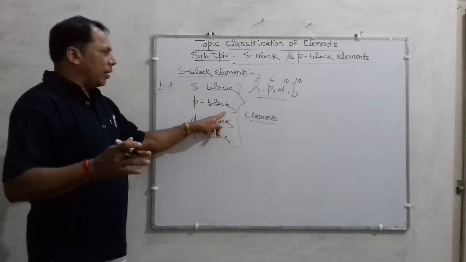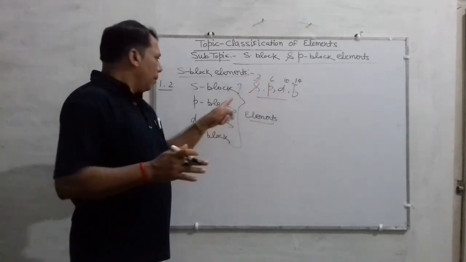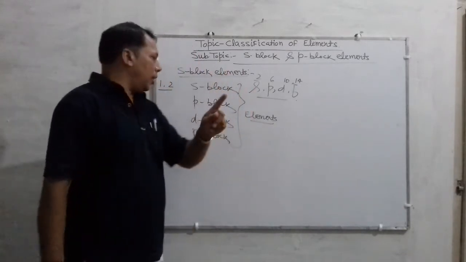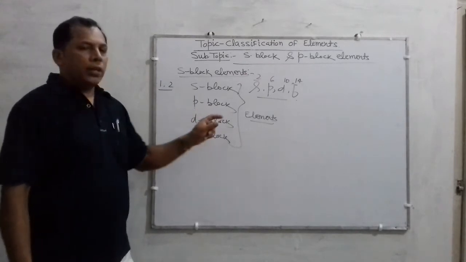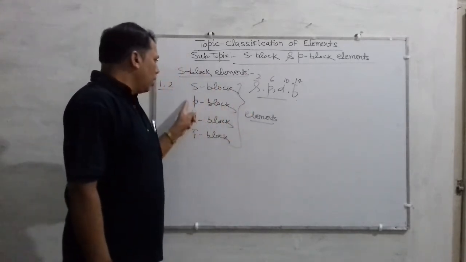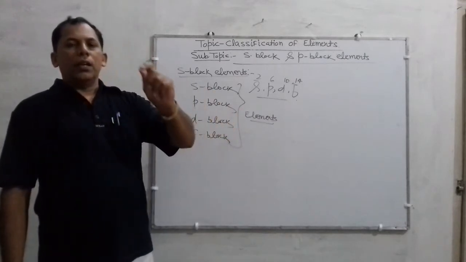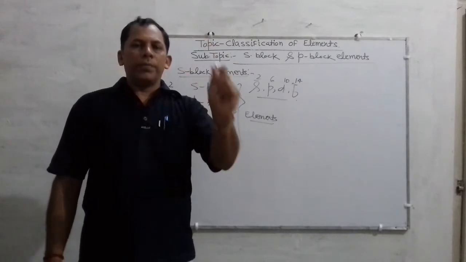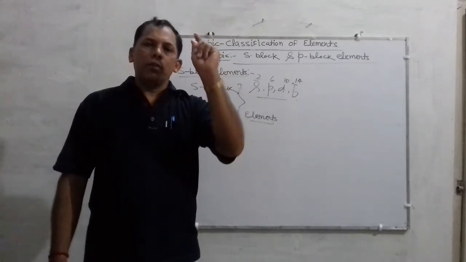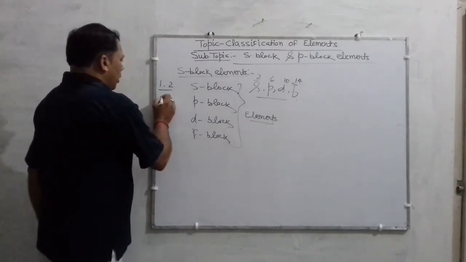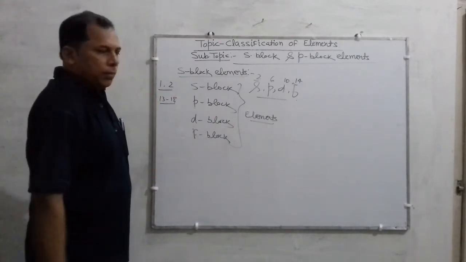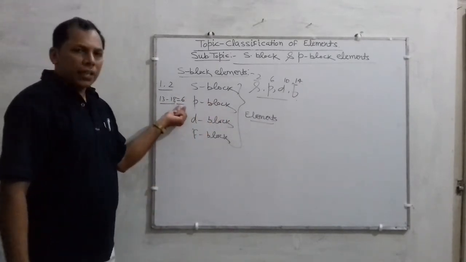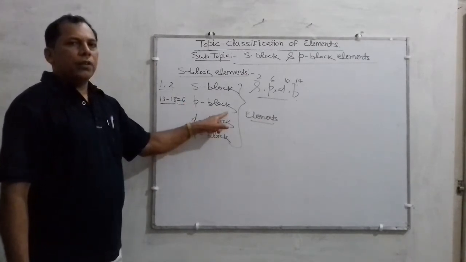Similarly, P block elements have 6 electrons, but for simplicity of the study of the elements, they are placed in 6 groups: group 13, group 14, group 15, group 16, group 17 and group 18. So group 13 to group 18 means the total number of groups the P block contains is 6. That's why they are referred to as P block.